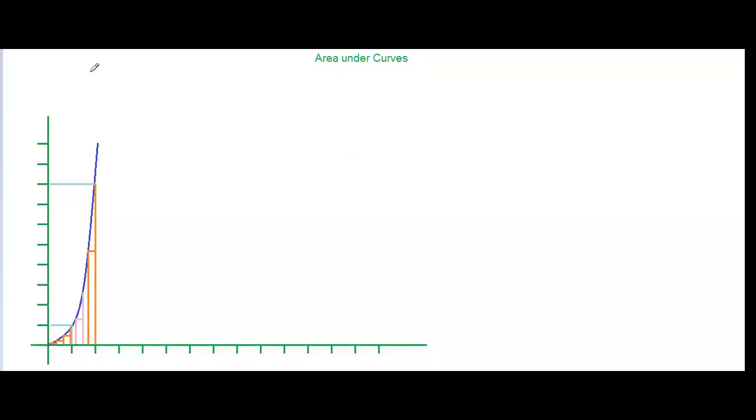So here is our curve, y is equal to x cube. So when x is equal to 0, y is equal to 0 cube, which is 0. So y is also 0. If we take x equal to 1, y is equal to 1 cube, which is 1.